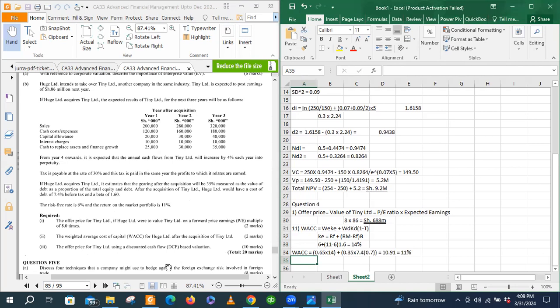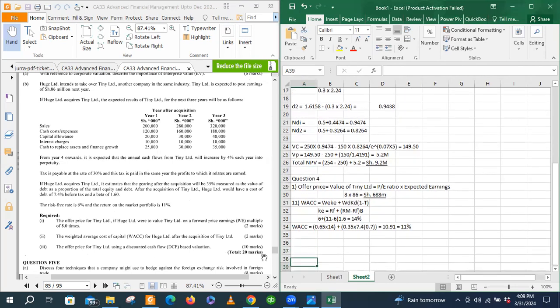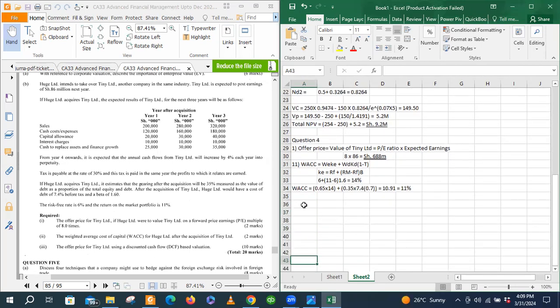Now part 3. The offer price using discounted cash flows. First of all, we look for those cash flows. We set up the normal cash flows, year 1, year 2, year 3. The figures are in millions of shillings.